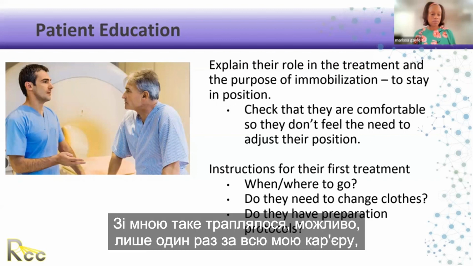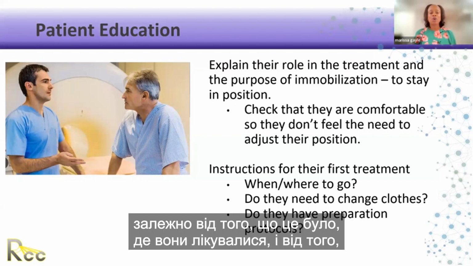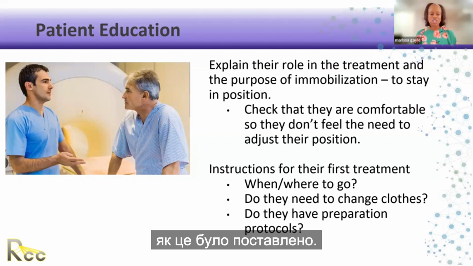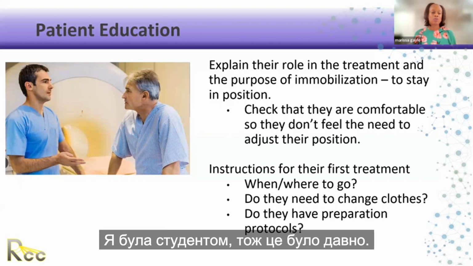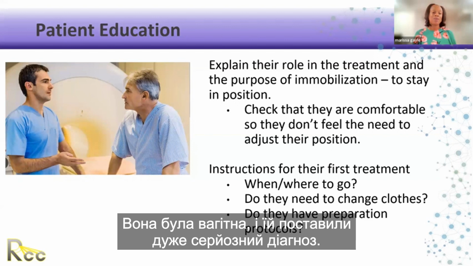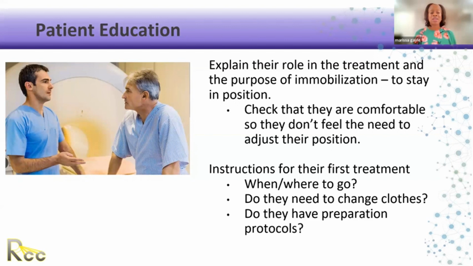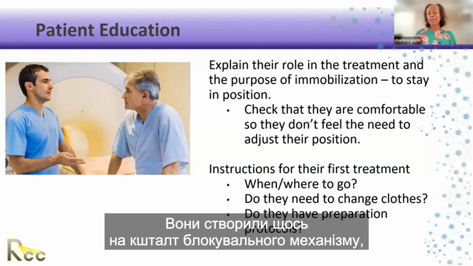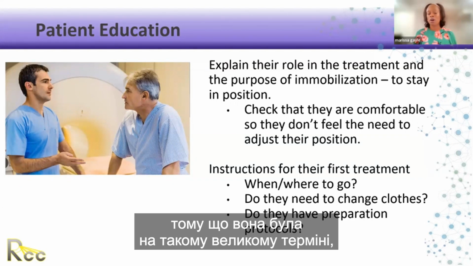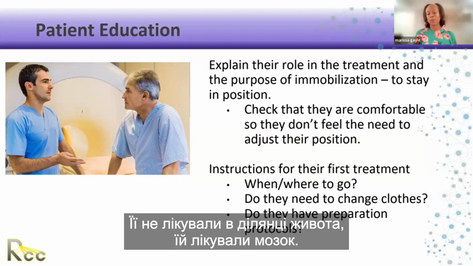I've only had this happen maybe one time in my career, and it depends on what it is, where they were being treated, and the staging. When I was a student, a long time ago, a lady was pregnant and was diagnosed with something very advanced. They created a blocking mechanism because she was so far along, and she was able to get treated. She was not treated anywhere near her abdomen.